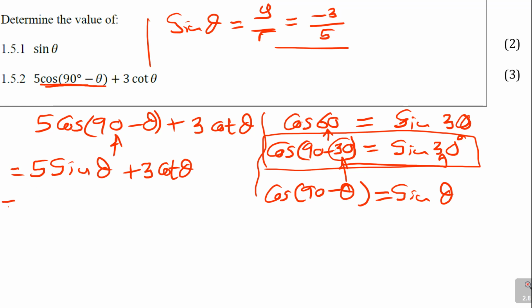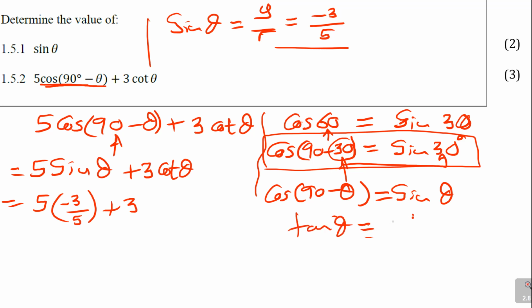Then equal to 5 times sin theta, which is negative 3 over 5, plus 3 cot theta. Now cot theta is equal to what? Let's start with tan first so that we'll know cot. Cot is linked to tan. So what is tan theta?